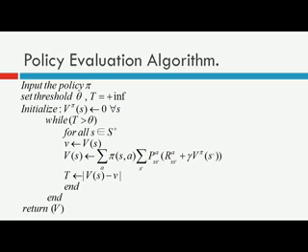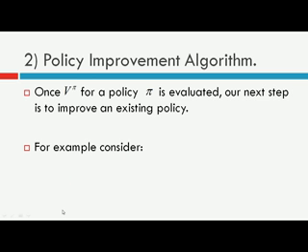For all states s belonging to S plus, where S plus denotes all possible states plus the terminal state, this parameter takes the old values for your states, and then you calculate the new value for your states, and then you compare both these values, and if the difference is greater than theta, then you again repeat this process, and if this value is less than theta, then you just output a state value function v.